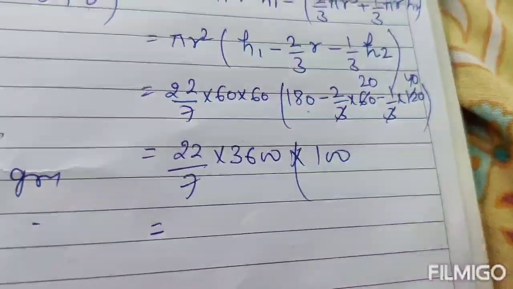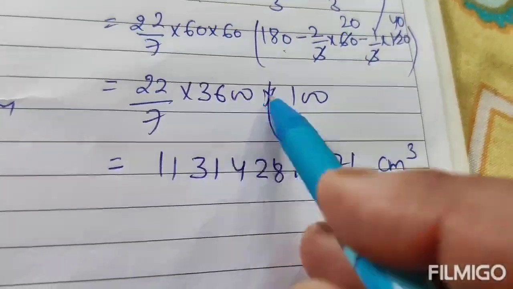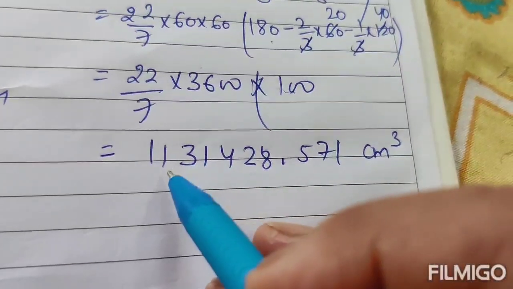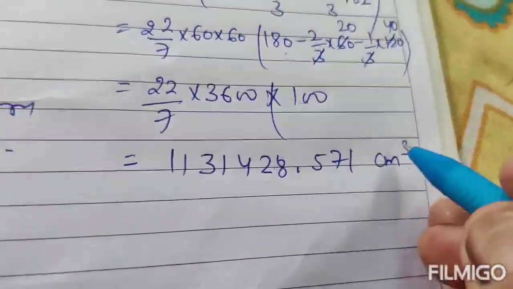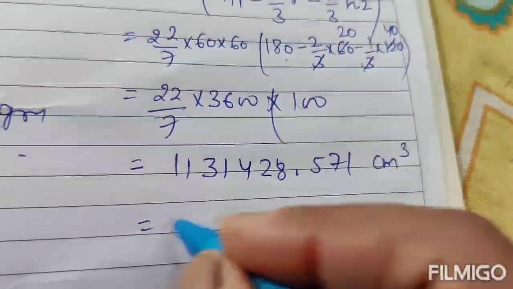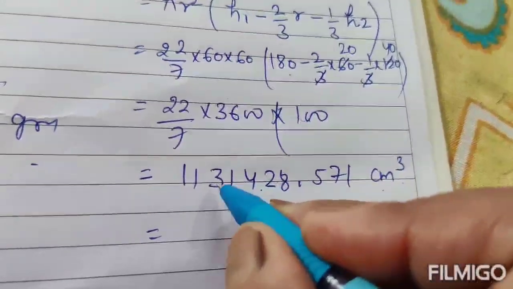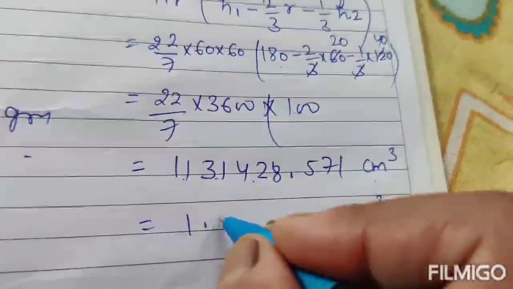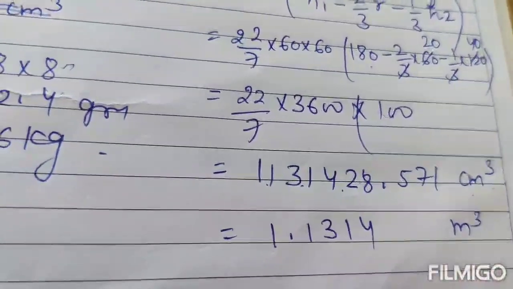Now solve this. Now multiplying 22 into 3600 into 100 by 7, we get 1131428.571 centimeter cube. This quantity is very large. We will convert into the meter cube. Meter cube means divided by 100, 100 and 100. 1.1314 meter cube.